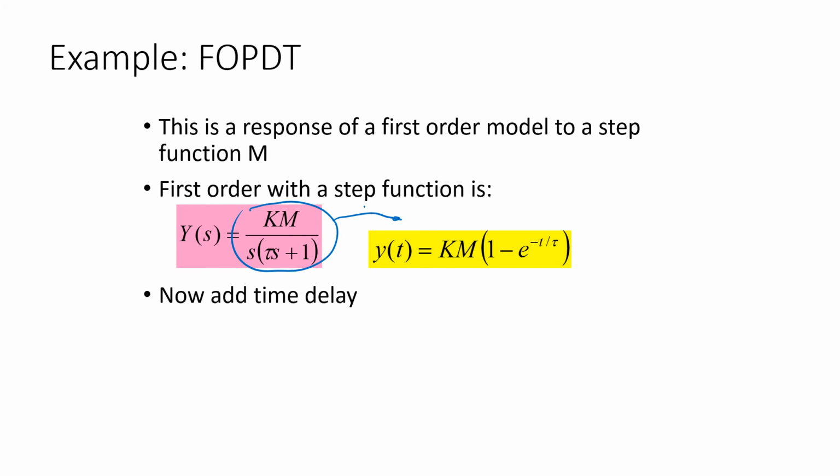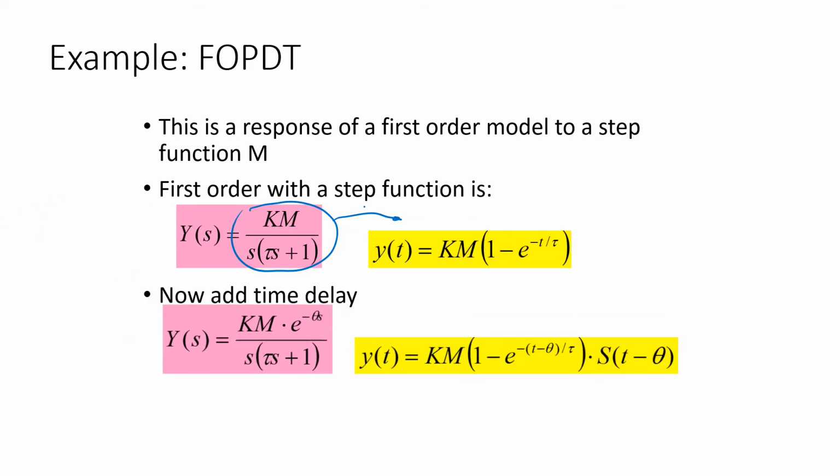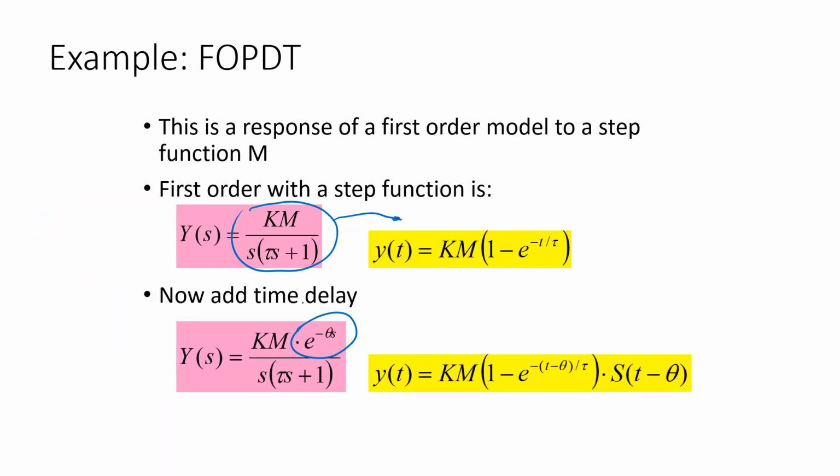Now if we want to add the time delay, we just have this extra time delay here in the Laplace domain, and then when we convert it back into the time domain, anywhere we had time, we substitute that with time minus theta, and then multiply by this step function that turns on at a value of t equals theta. That's all that you do to add time delay, and that's how you can transfer back from the Laplace domain into the time domain with some time delay.